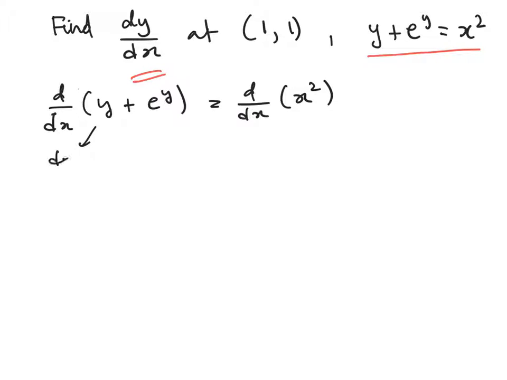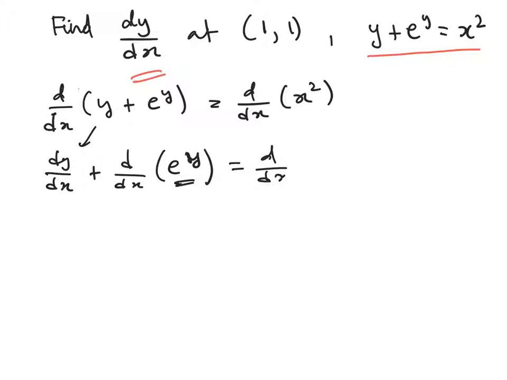This gives dy over dx plus d over dx of the composite function e to the y. This is a function of y which is a function of x, so we need to use the chain rule.